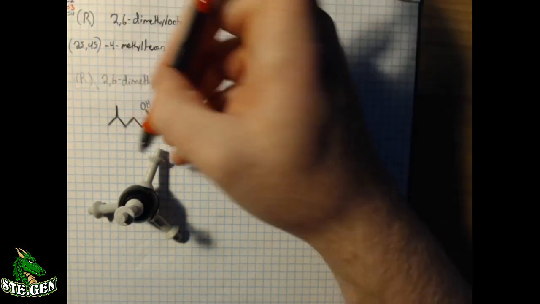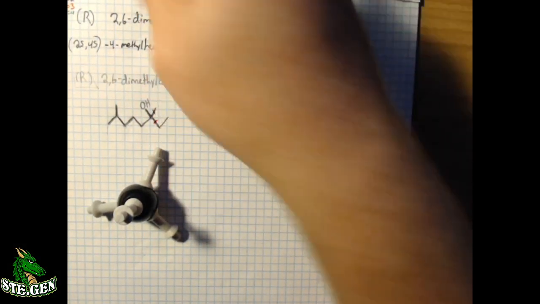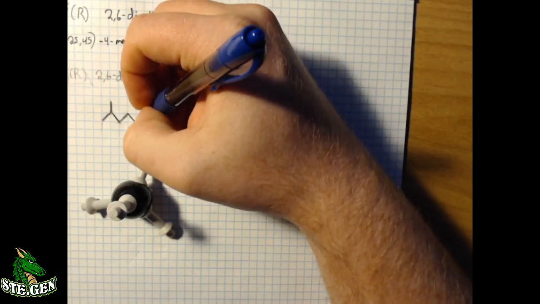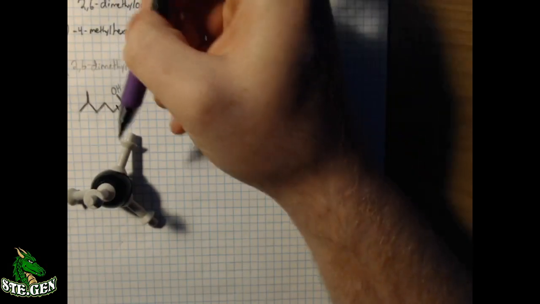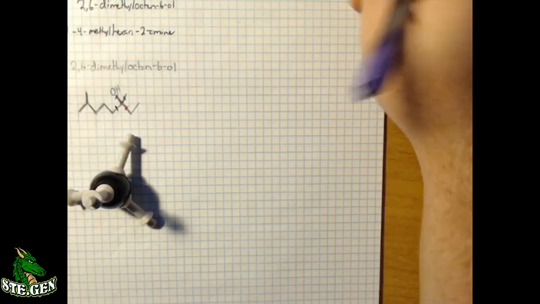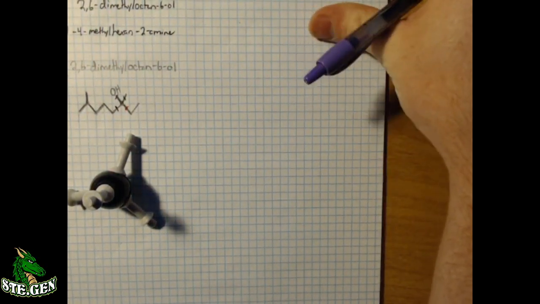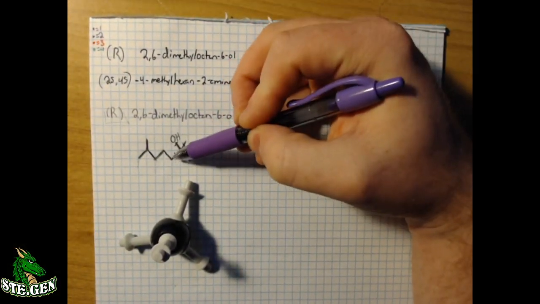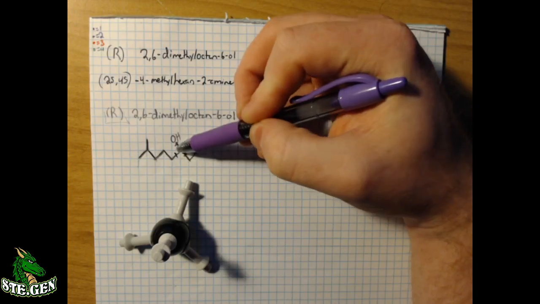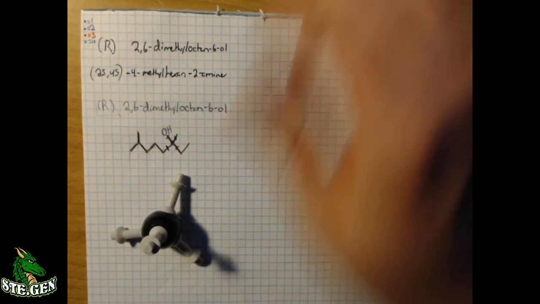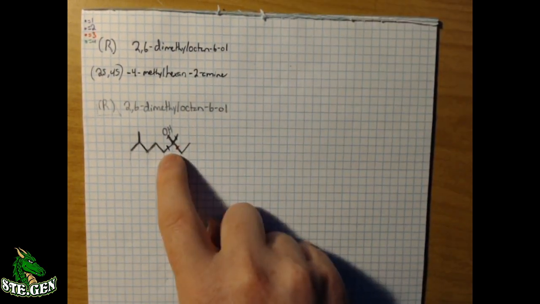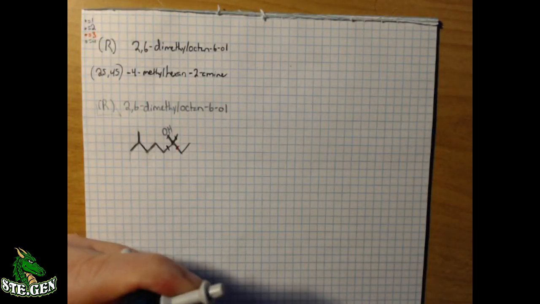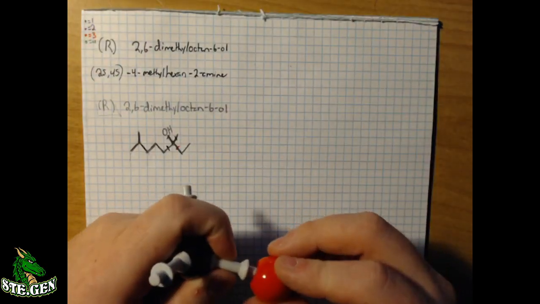So my next lowest will need to be this 2 carbon chain. Then my next lowest will need to be this long carbon chain. And finally, my alcohol is going to be my highest priority. So I got purple on my alcohol, blue on this one, red on this one, green on this one. So let's go ahead, and I'm going to start by making my blue and my red because I know those positions. So it's going to be blue here, and it's going to be red here.